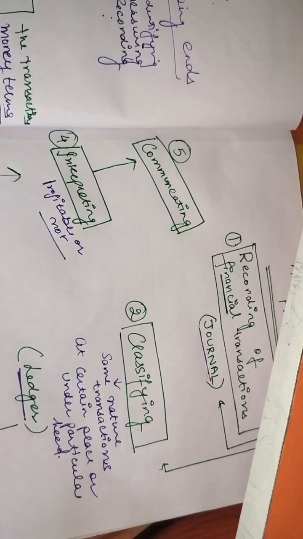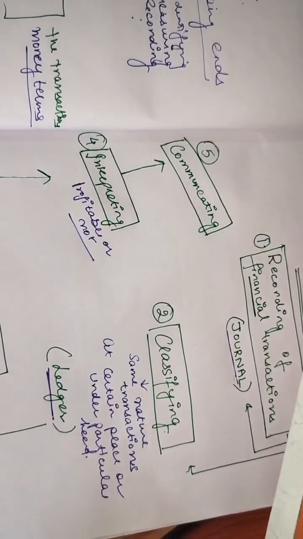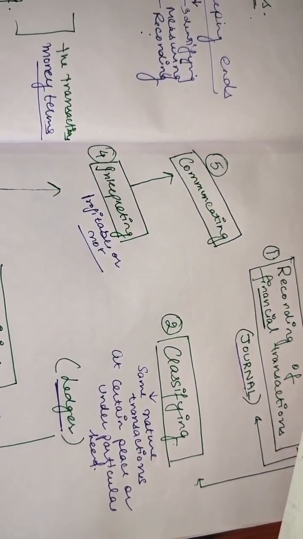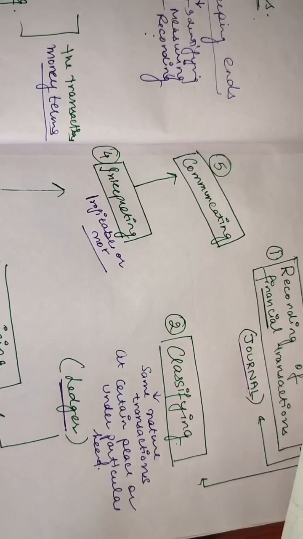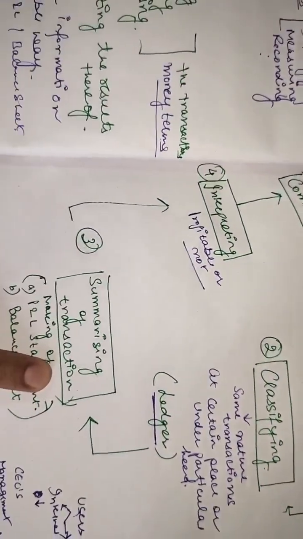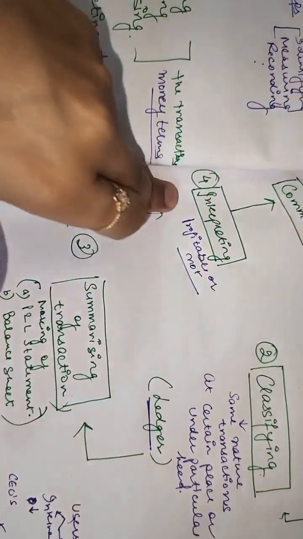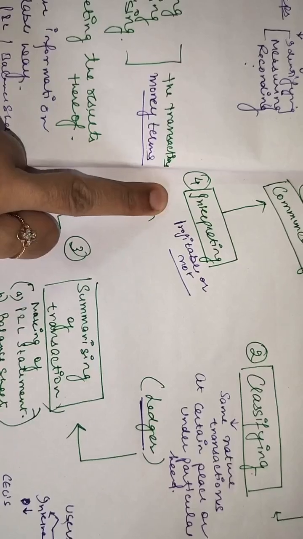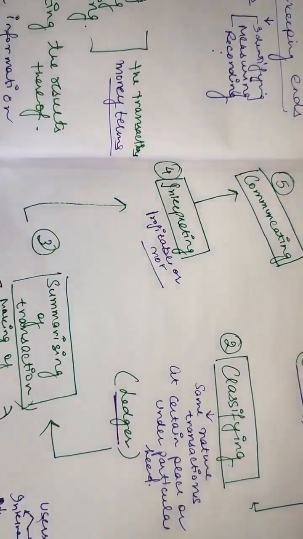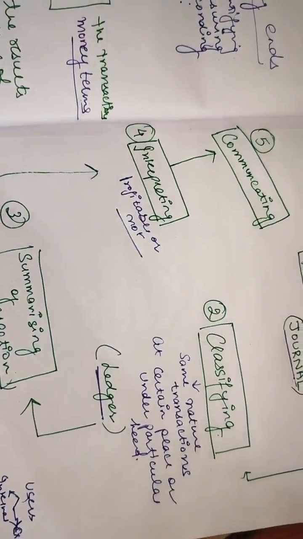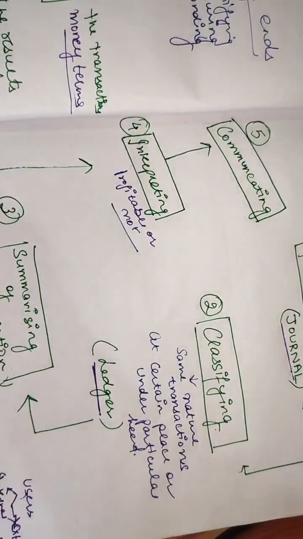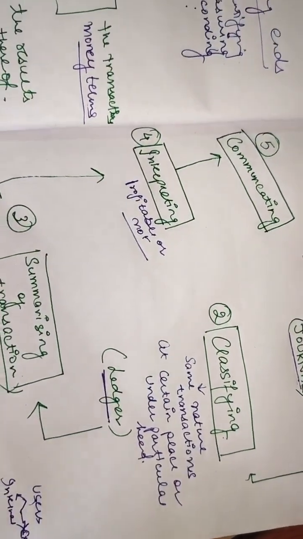First one is recording of the financial transactions, which will be done through the journal book. Second one is classifying the same through the ledger book. Next one is summarizing of the transactions and interpreting the transactions for its profitability, and then communicating the results to the users of accounting. Now communicating is basically giving the results to the users of accounting in the form of balance sheet, P&L, etc.